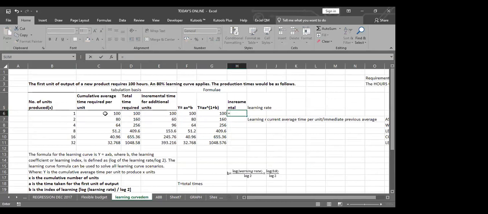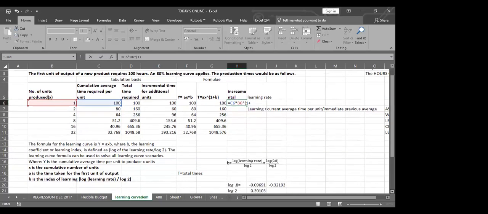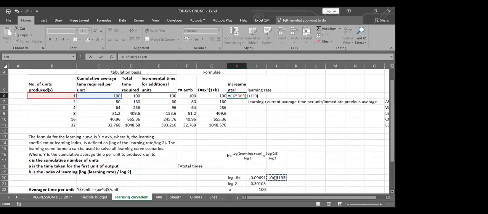So take this, multiply by this, raised to 1. And raised to total. Total factor is 1 plus B. B is this one here. So you close the bracket, you get what gives you, minus when you produce nothing, because at the beginning there was nothing.